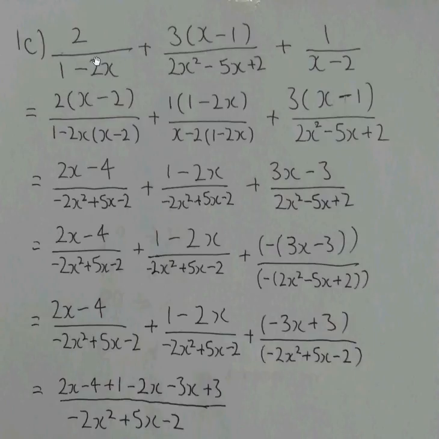How do we do that? In order to merge these two together, we need to multiply both of their denominators accordingly on each individual side. So this one times x minus 2. With the bottom times x minus 2, the top must also be times x minus 2.